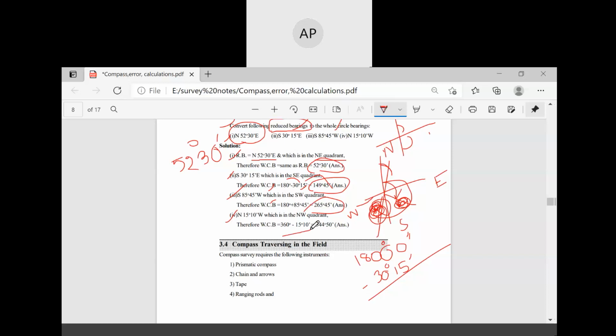And this is 360 degree. 360 minus 15.10. 149. 45 plus 60.